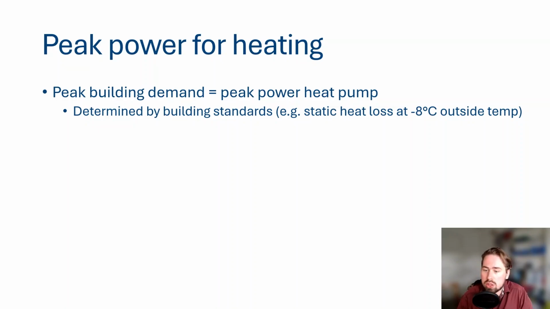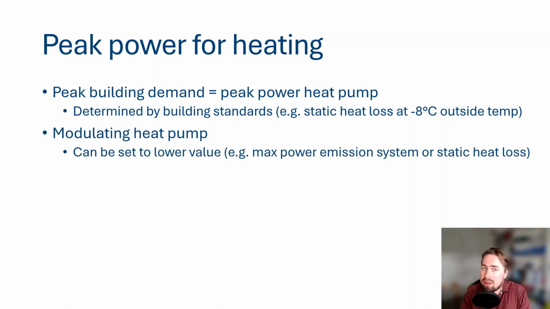For example, in Belgium, the heat pump is typically sized based on the static heat loss of the building at minus 8 degrees Celsius outside temperature. So we calculate the static heat loss and based on that we size the heat pump. And this heat pump maximum power is then also the maximum power for your peak demand in heating.